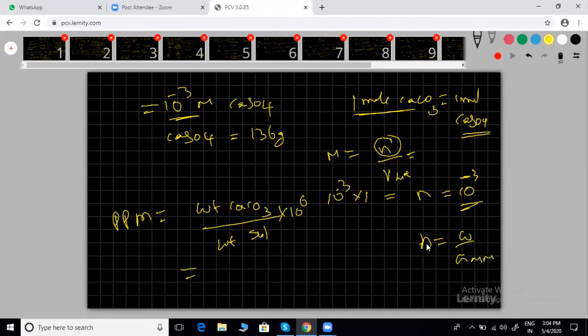So the number of moles is 10 power minus 3, into weight 100, by, for how many liters, 1 liter. I can take 1 liter equal to 1 kg, which is 1000, into 10 power 6. How much will you get here?